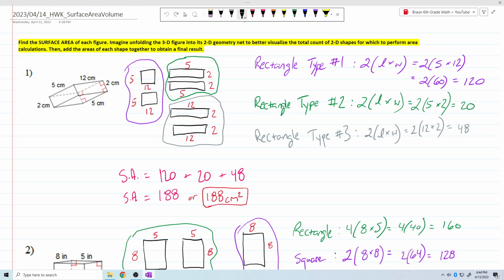Anyway, I like to draw out my shapes and group them up based on the ones that are unique. Here I have one unique shape, and there's 2 of them.